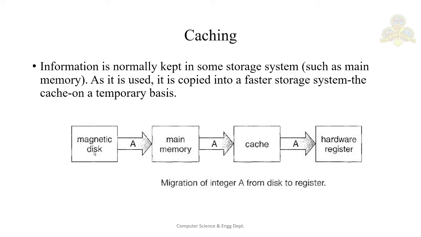To increment that value, first the operating system has to issue an IO operation to copy the disk block on which A resides to main memory. This is followed by copying the integer A to cache memory, and from the cache memory to the hardware or internal register. So the copy of A now appears at several places: in your magnetic disk, main memory, cache and internal register.